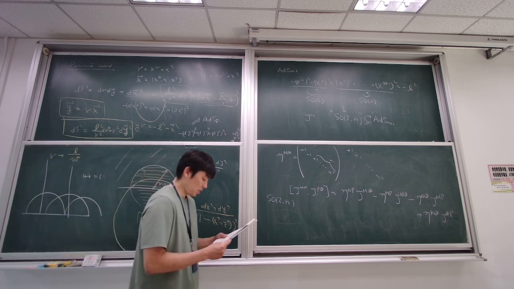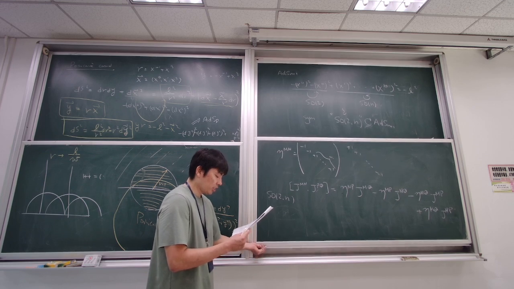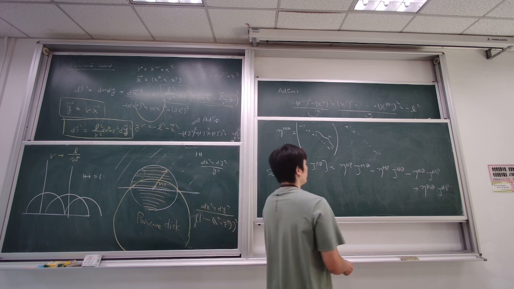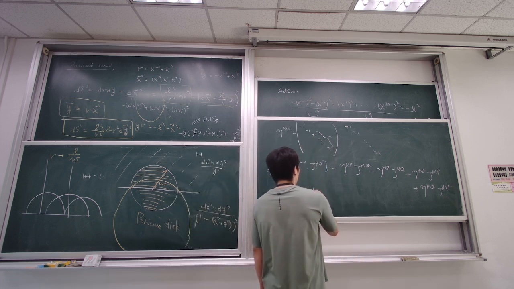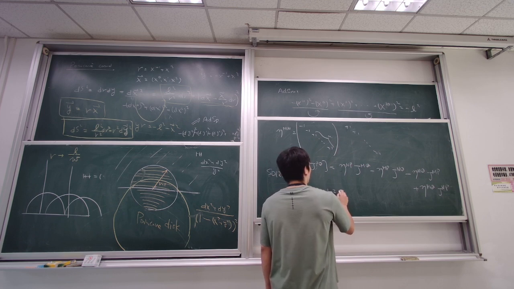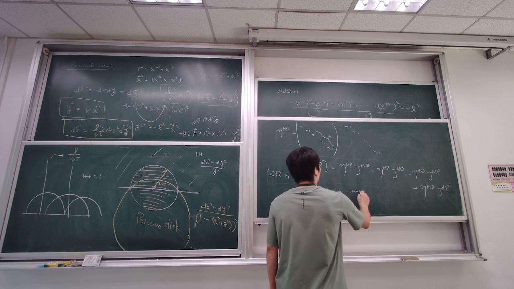Okay, and then we can decompose as follows. We have the directions minus 1, 0, 1, 2, up to n minus 1, n.